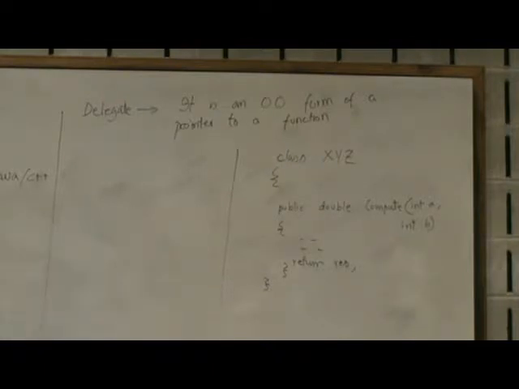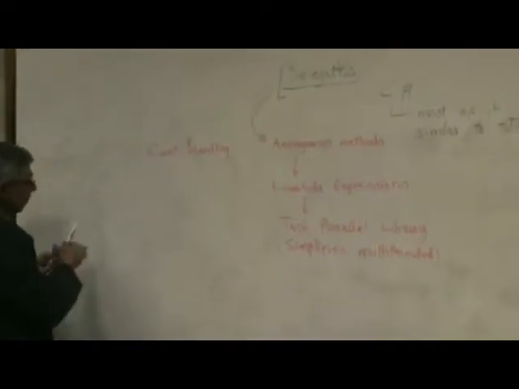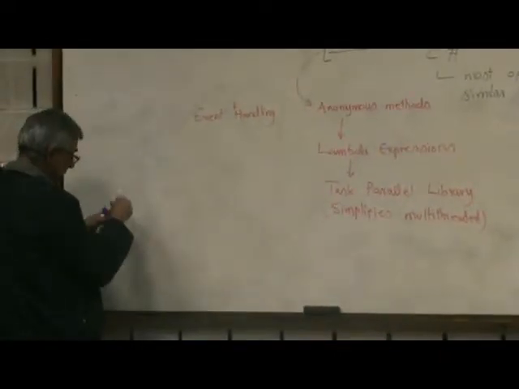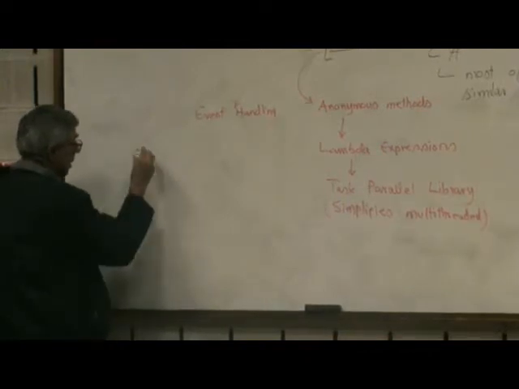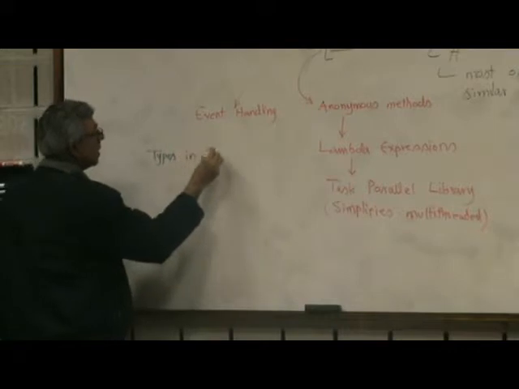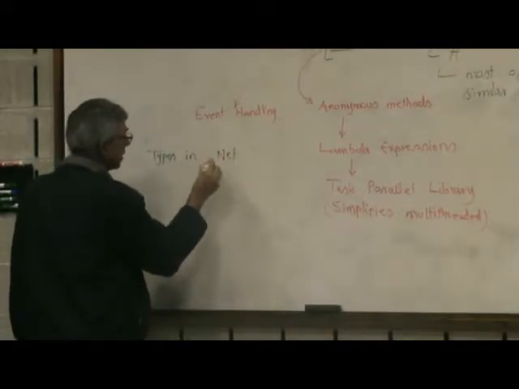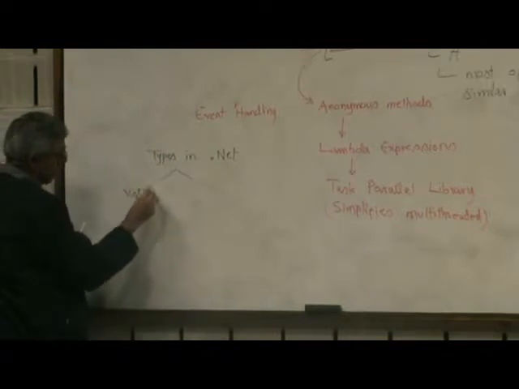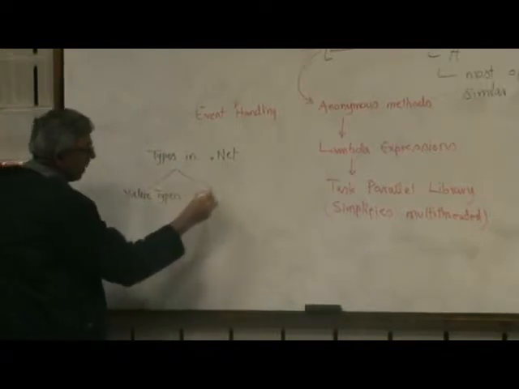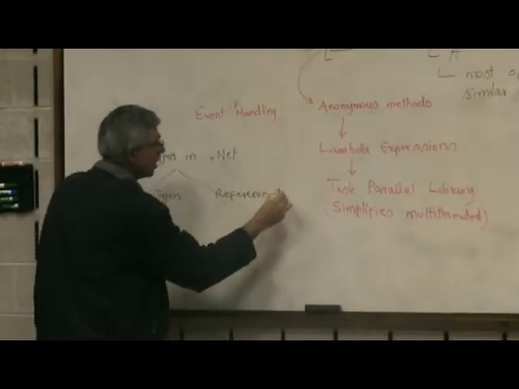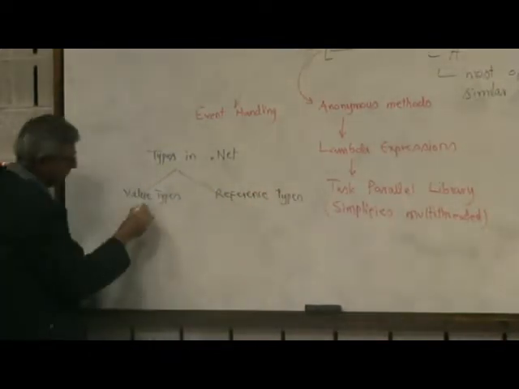So remember we had discussed some time ago the concepts of types in the .NET system, and we had talked about, we have what are called value types, we have what are called reference types, right? Okay, what are value types?